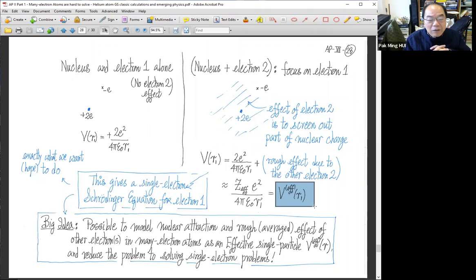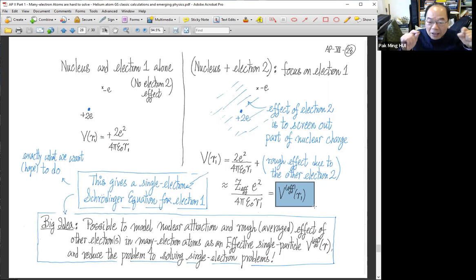Thereby, if we focus on one electron, it makes sense that we can reduce this complicated multi-electron atom problem into single-electron problems by including the Z-1 electrons' effect into an effective potential energy function acting on the one electron that we focus on.